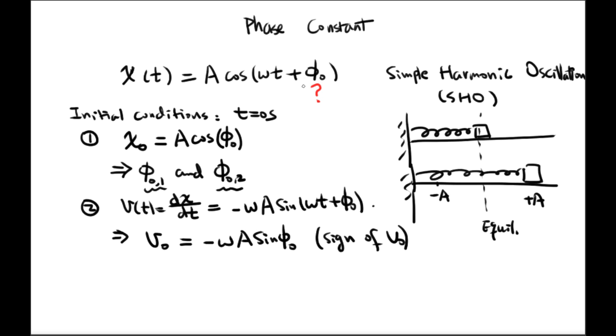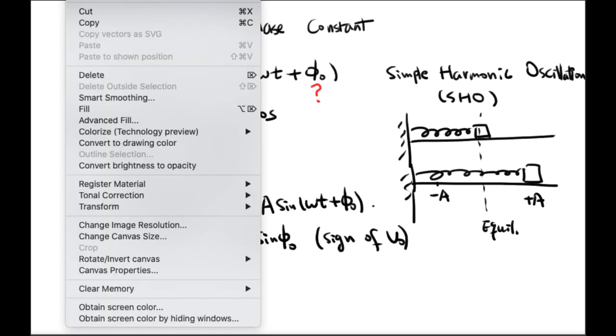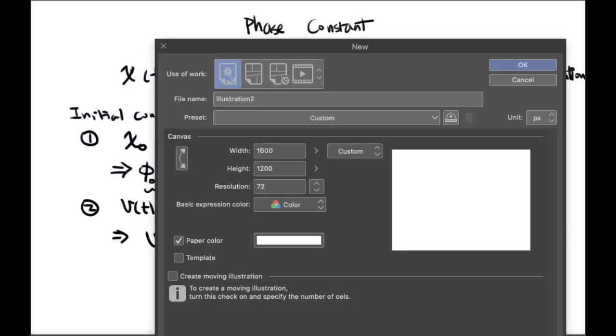Now let's look at one concrete example. Let's say I have a displacement as a function of time that is described by this picture.